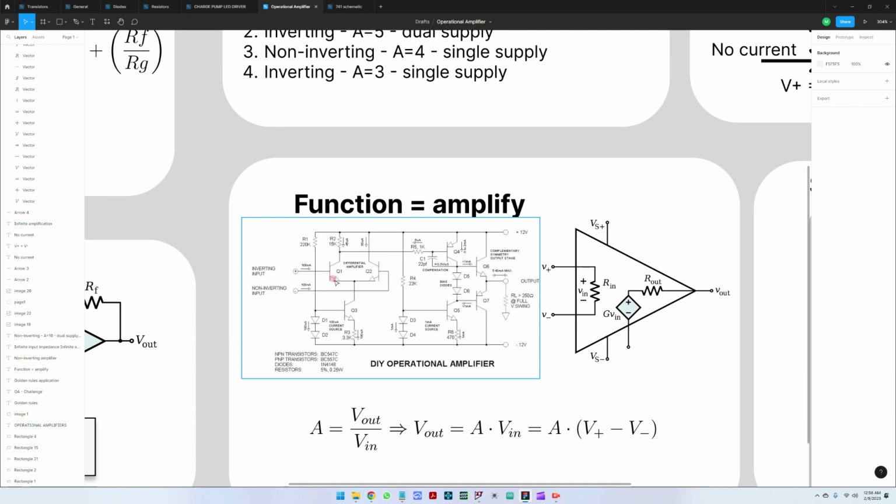The input stage is one of the most important and most defining stages of an operational amplifier because this will determine if you need, for example, a floating ground, or if you can use this with a single supply stage. In this case, we are using two voltage levels for supplying this component.